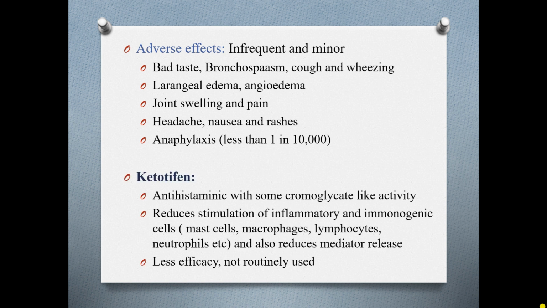Another interesting drug is ketotifen, which is as such an antihistaminic, but it has some cromoglycate-like activity. It reduces the stimulation of inflammatory and immunogenic cells, that is mast cells, macrophages, lymphocytes, neutrophils, etc., and also reduces the mediator release. It has very little efficacy and is not used routinely for the treatment of bronchial asthma.